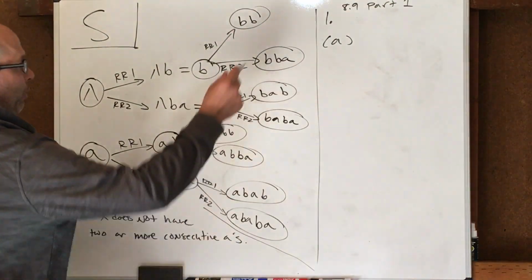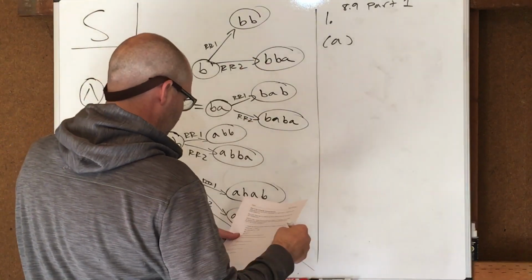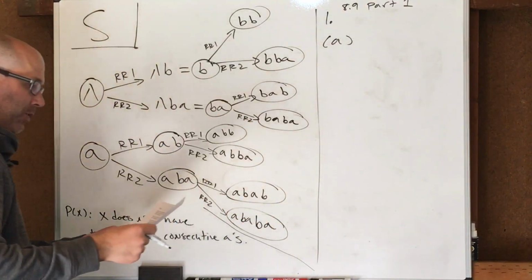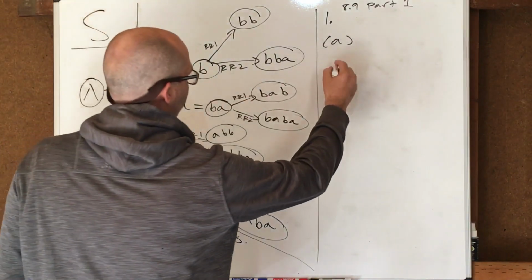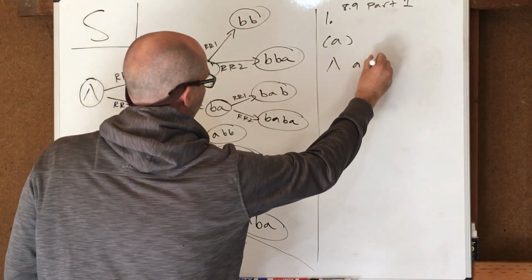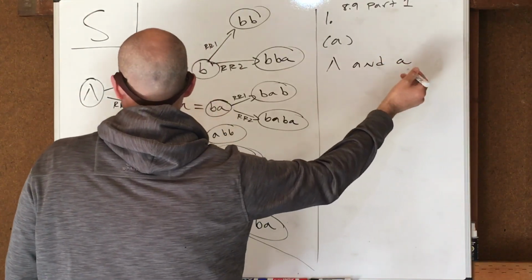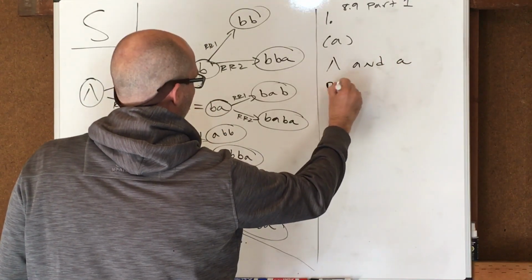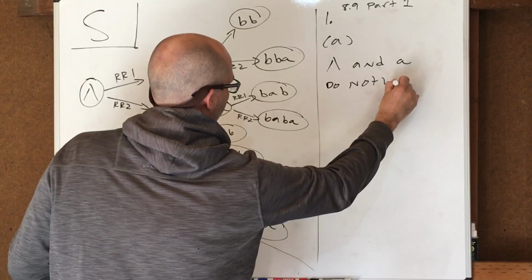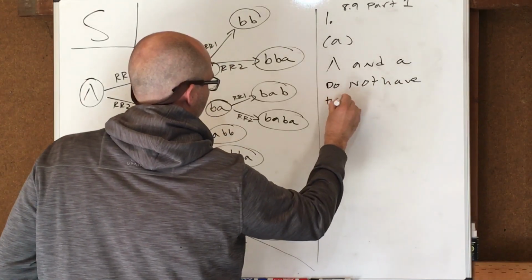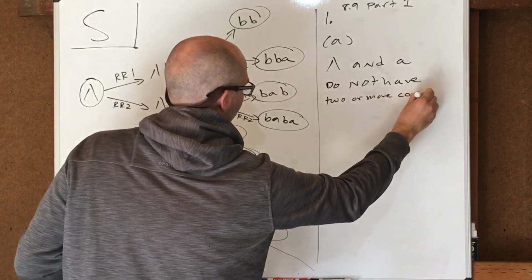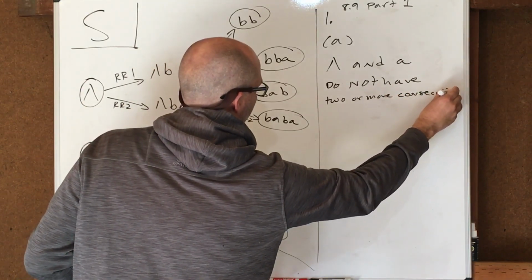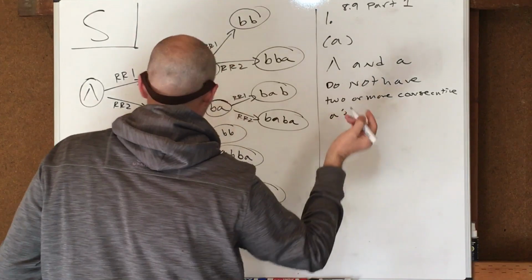So part A, what must be proved in order to prove the base case? For the base case, we have to prove that the property is true for the initial case. So here we need to prove that lambda and A do not have two or more consecutive a's.